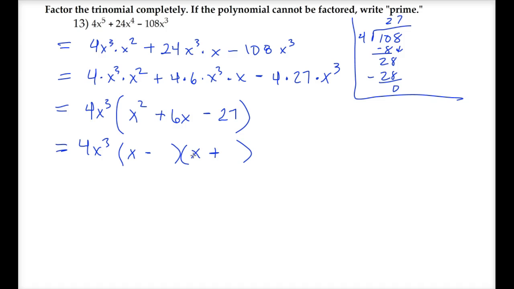And so from that standpoint, we look to see here what numbers multiply to be a negative 27, but add to be a positive 6.